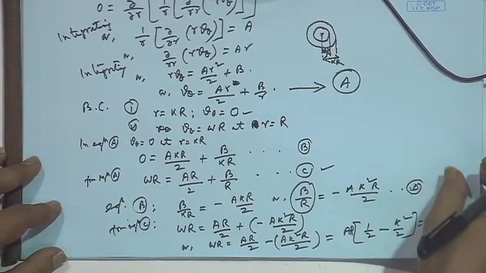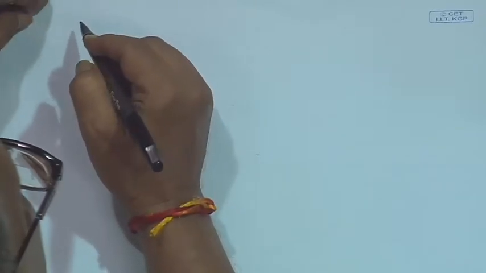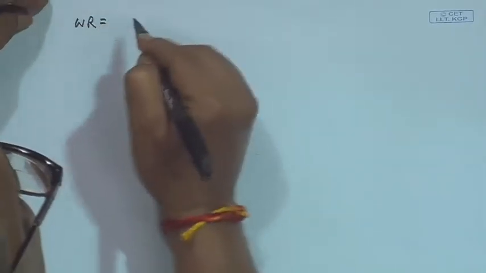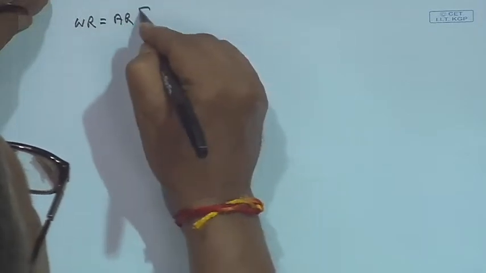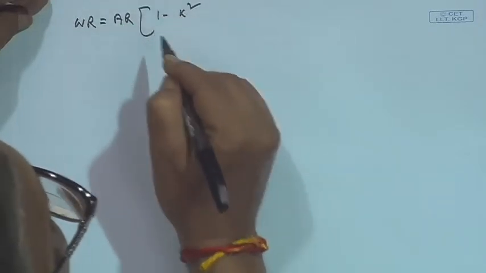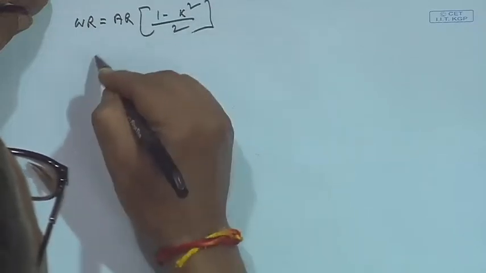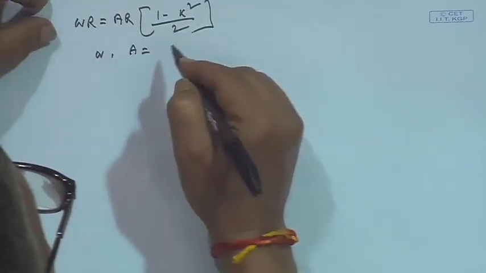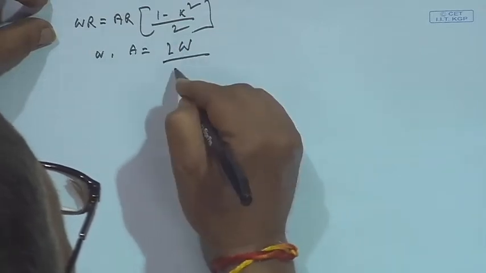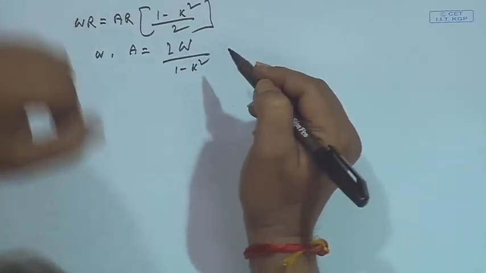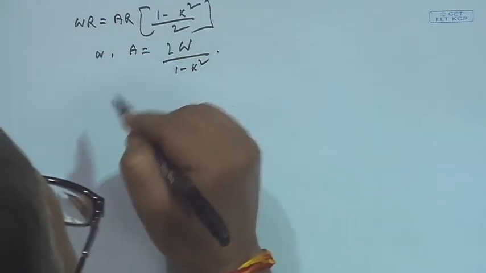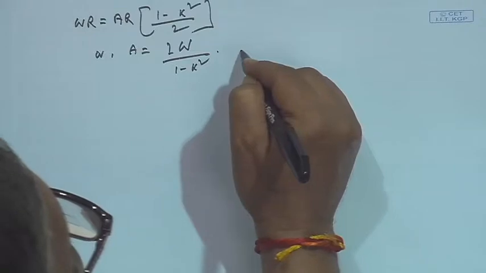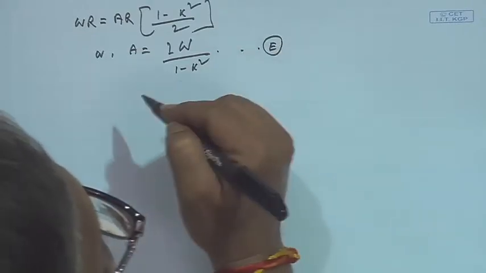So, we can write from there that omega R is equal to a R into 1 minus k square by 2, or a is equal to 2 omega by 1 minus k square. So, a is equal to 2 omega by 1 minus k square, this is relation E.